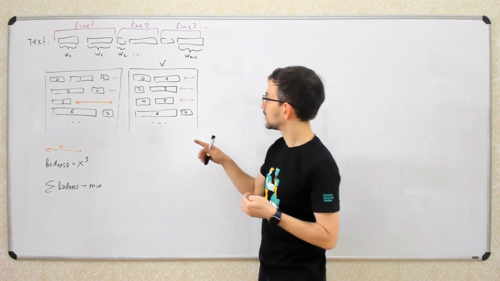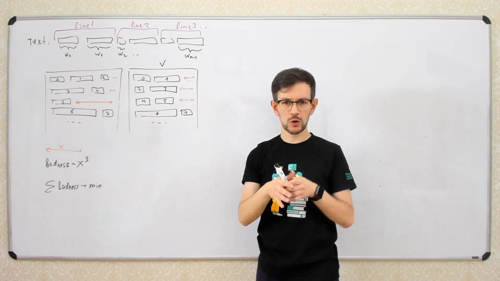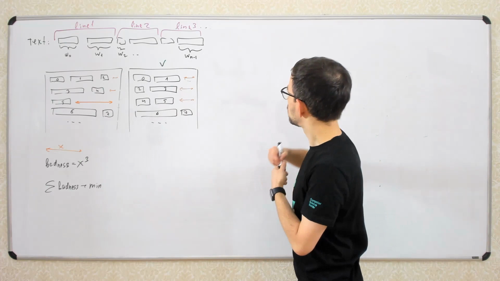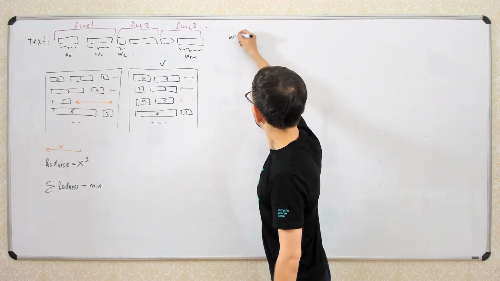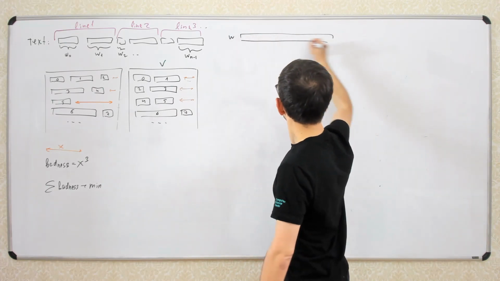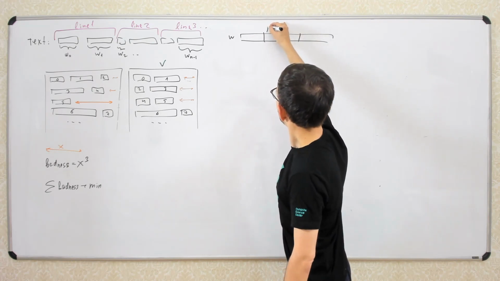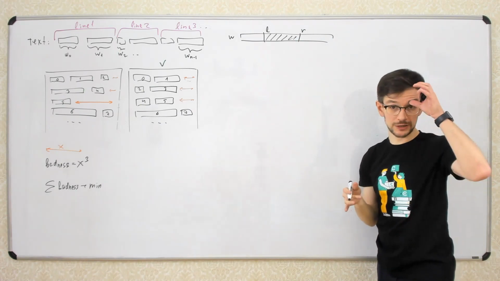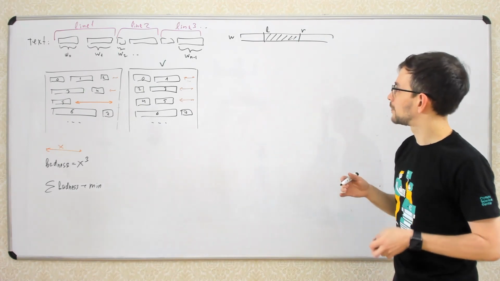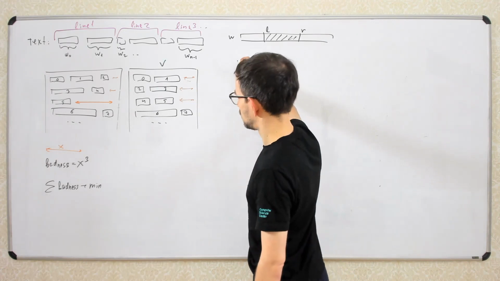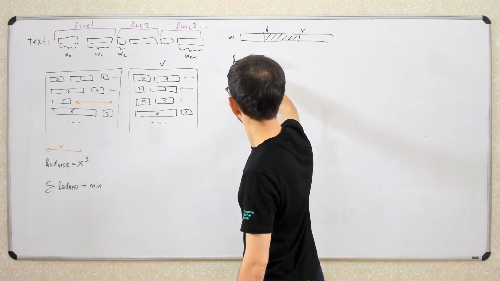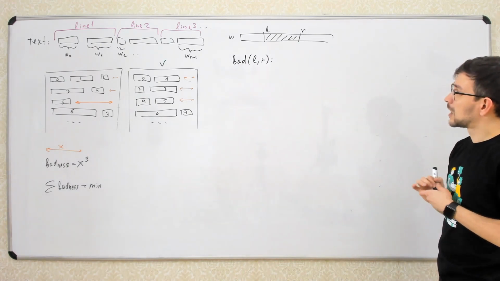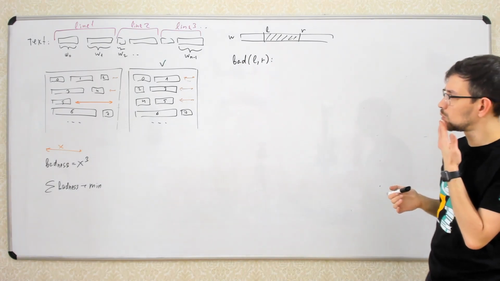Now let's make the function which calculates the total badness a given segment produces. Let's say we have this array W, and we take all words from L to R minus 1. If we put all these words on a single line, what will happen? Let's call it bad(L, R). What badness will it produce?